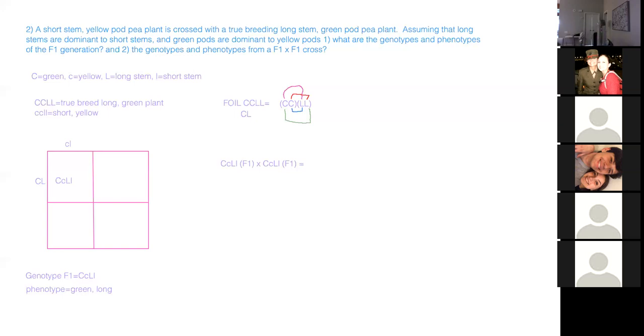So do we see that? Yeah. Okay. So if I want to now cross, which means mate, two F1 generation plants to see what comes out, I have to take a big C little c, big L little l, which was one of my F1s, and cross it with another F1, which is also a big C little c, big L little l.